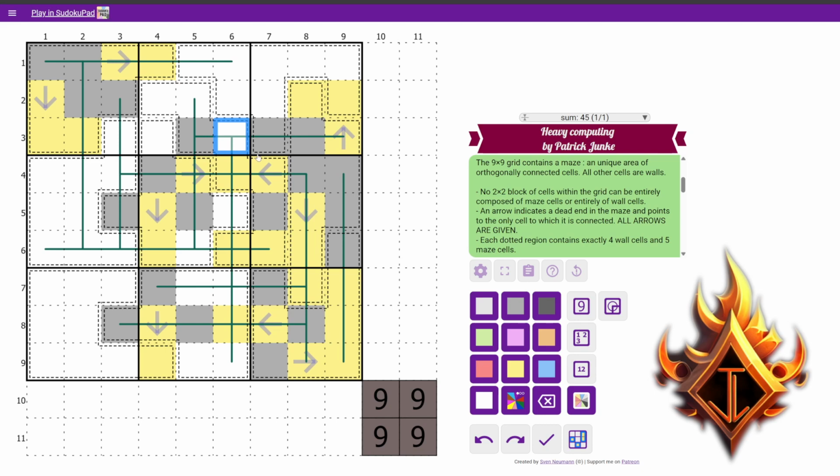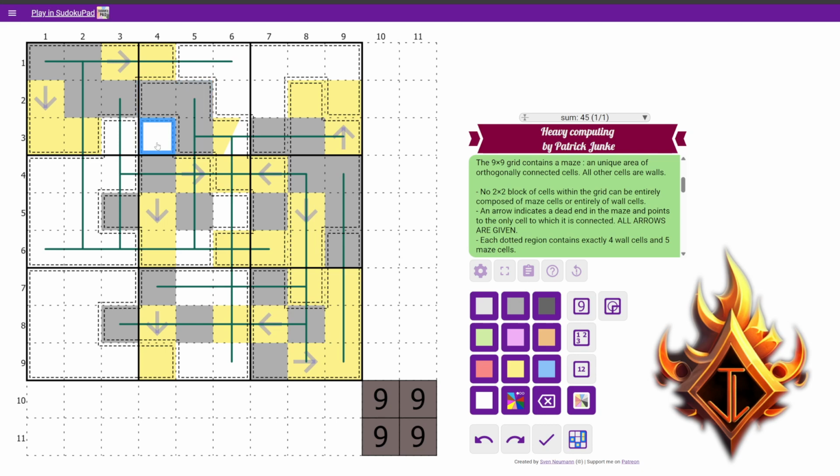But if we were to speculate that is yellow, that would be the 5th yellow, and those two would be gray, and now this way is trapped.